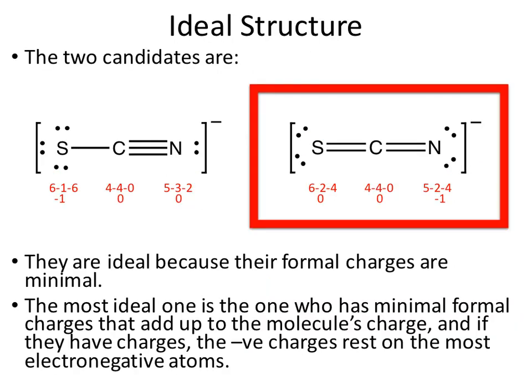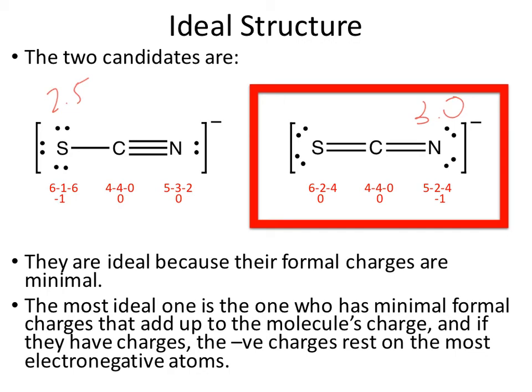Next slide. So it's actually going to be this one over here. The reason for that is because they have the same formal charges, what we have to look at next is where that negative charge is located. In this case, it's located on the sulfur, and the sulfur has an electronegativity of 2.5. While in this case, the negative is landed on the nitrogen, which has an electronegativity of 3.0.